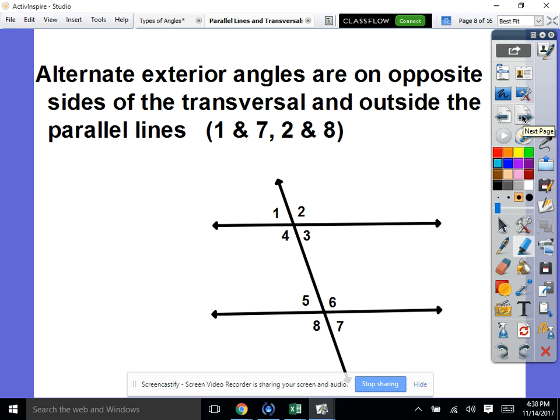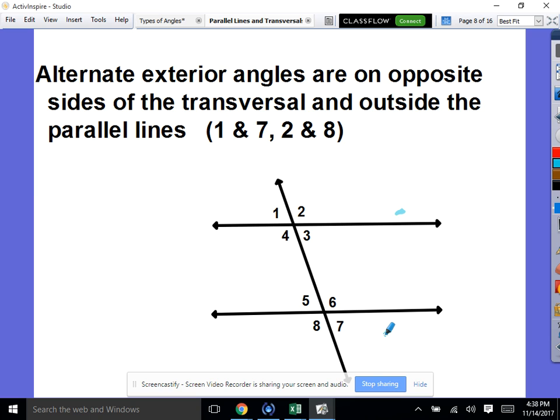Alternate exterior angles are on opposite sides of the transversal and outside the parallel lines. So 1 and 7 are alternate exterior angles. 2 and 8 are alternate exterior angles.